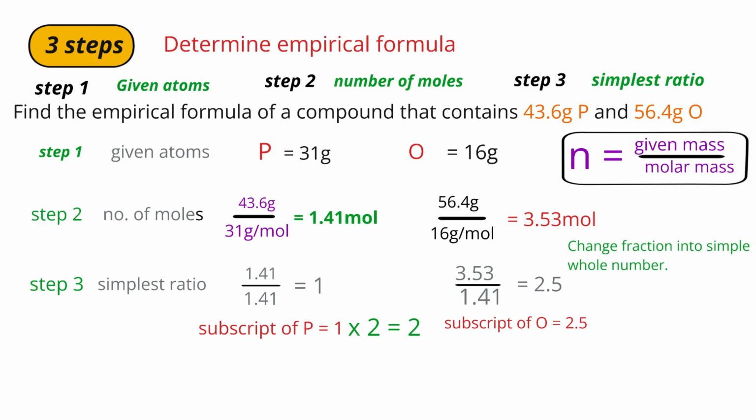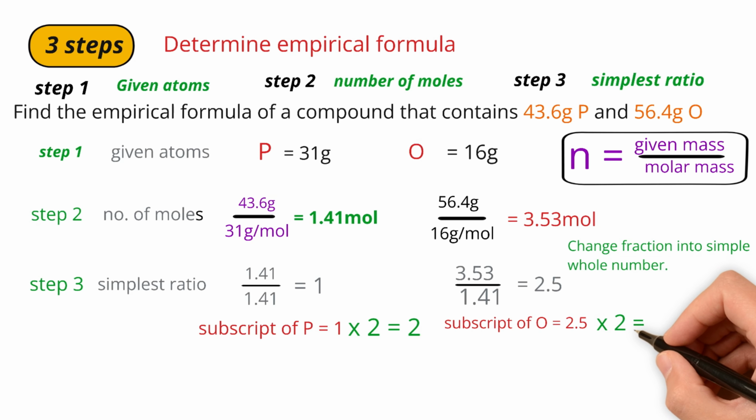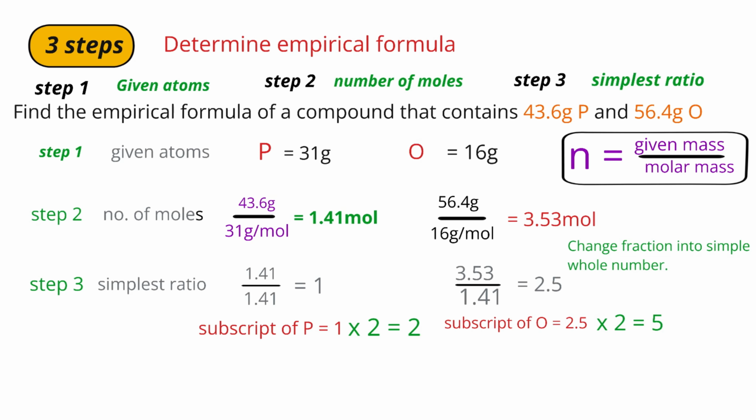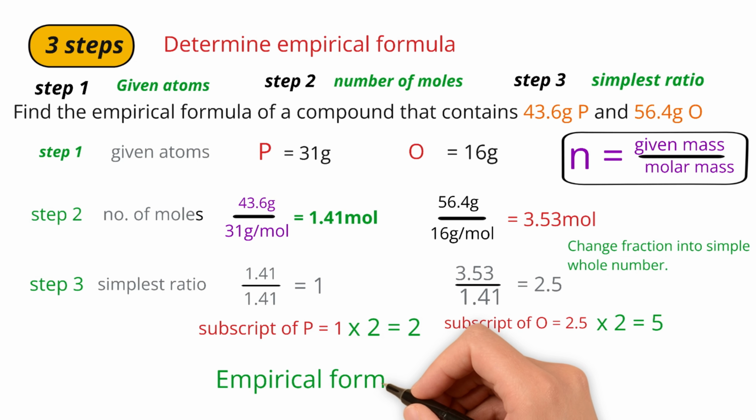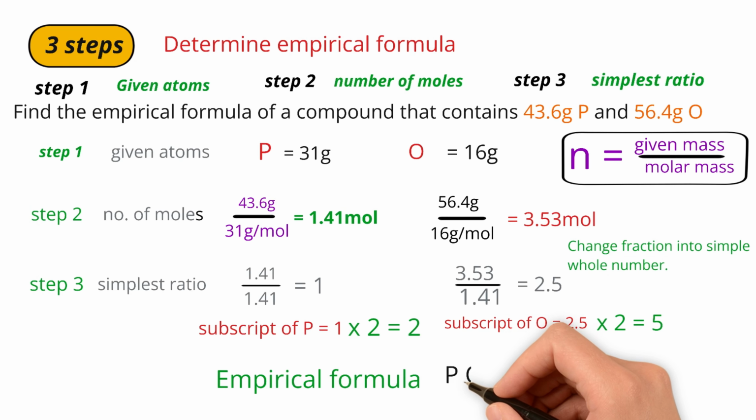Therefore, the empirical formula of this compound is P2O5. This is the empirical formula of this compound. Now molecular formula is equal to N times empirical formula.